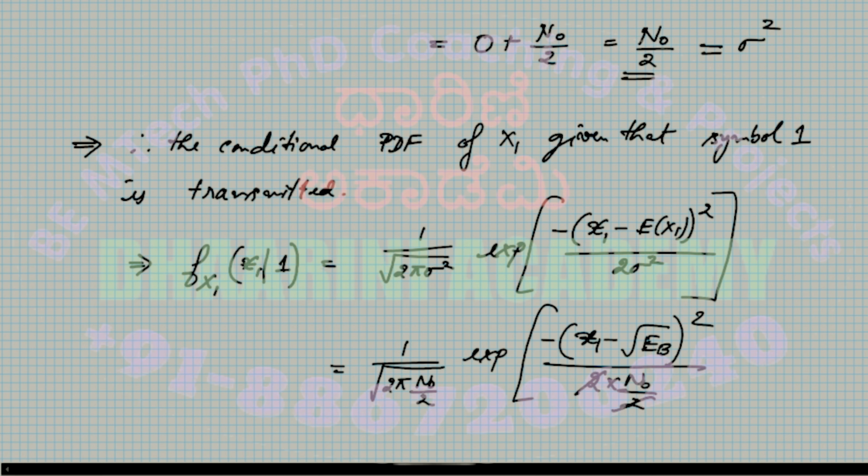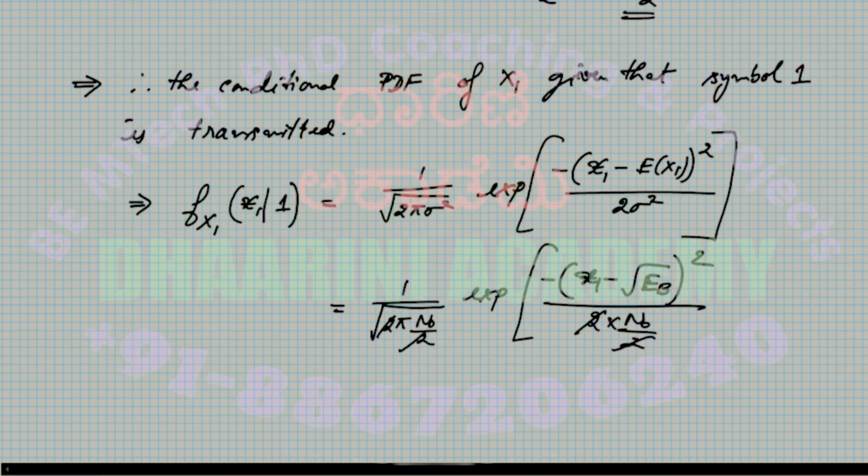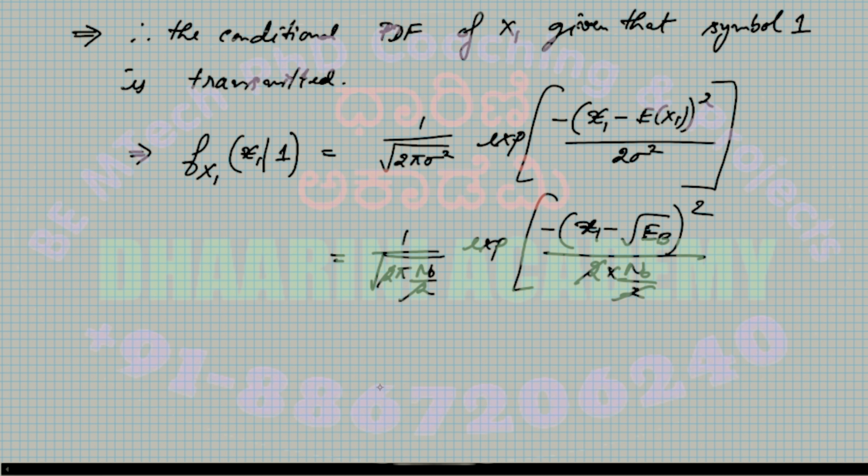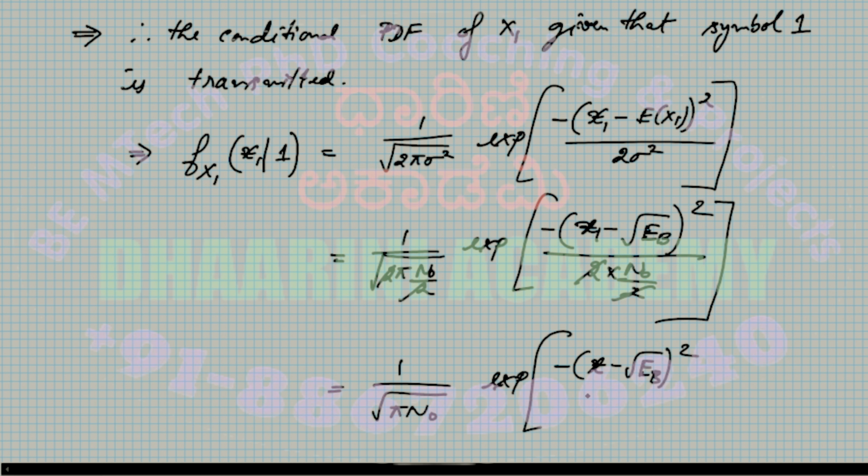You see 2 cancels here as well as here. So the final answer is 1 divided by root of pi n naught, e to the power minus of x1 minus root EB, the whole square, divided by n naught.